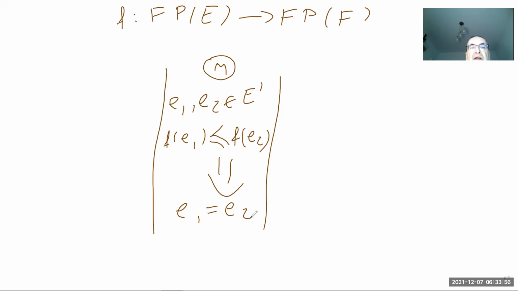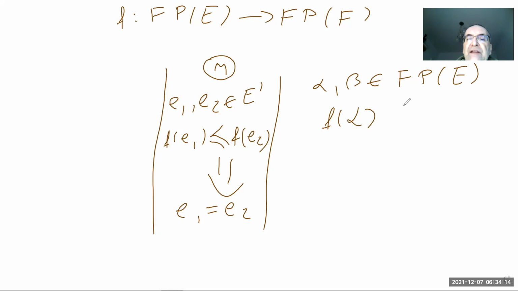Okay. Then we have a condition in a published paper that says that if I take any finite paths, say alpha, beta in E, then I want to have this implication that f of alpha is less or equal than f of beta.